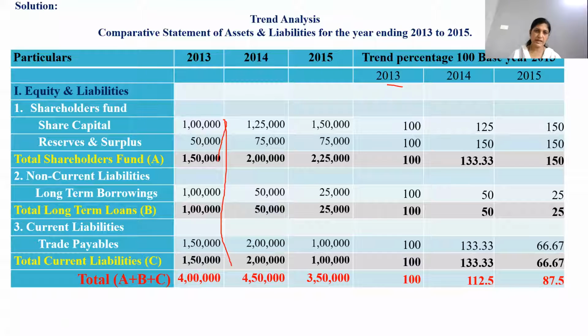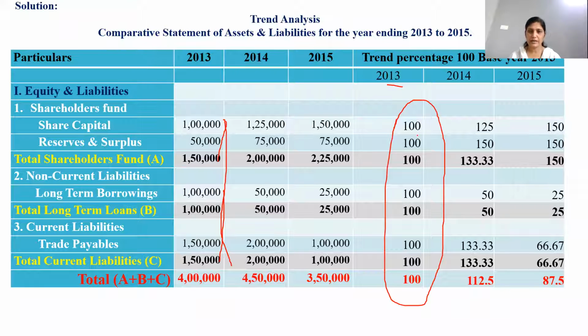All these are the items of 2013, and all these will be considered as 100, directly taken as 100. Now taking this as 100, for 1 lakh it is 100. For 1,25,000, how much? 1,25,000 divided by 1 lakh into 100, you have to get 125.